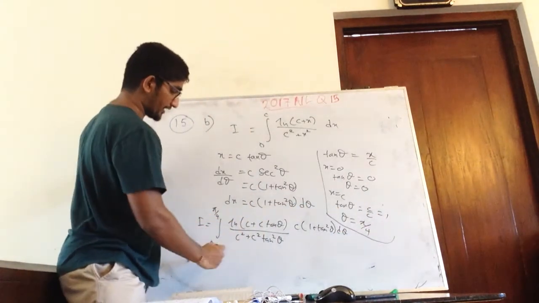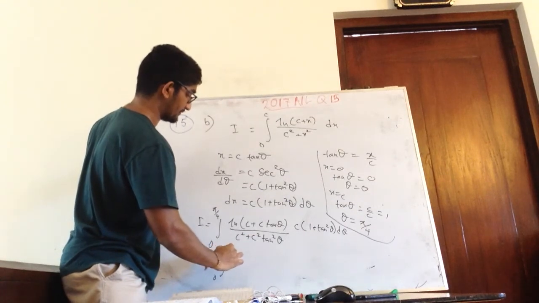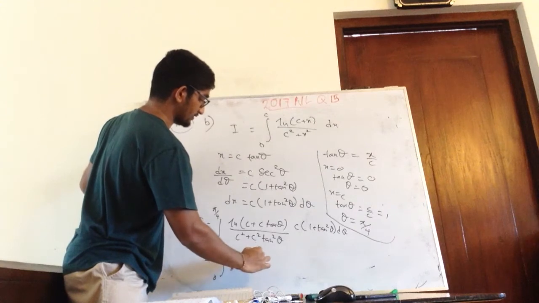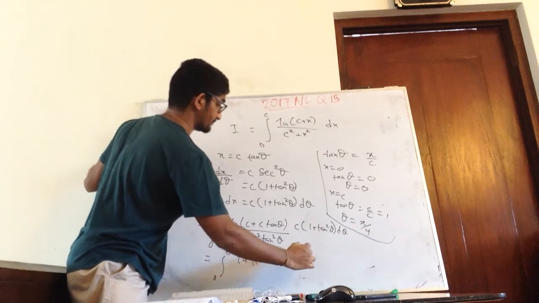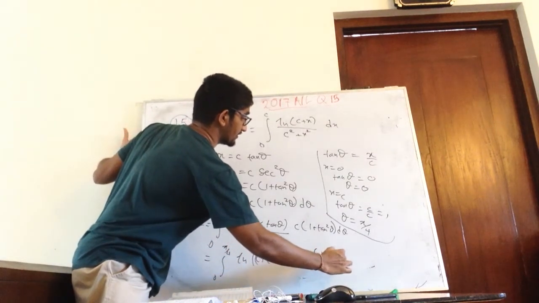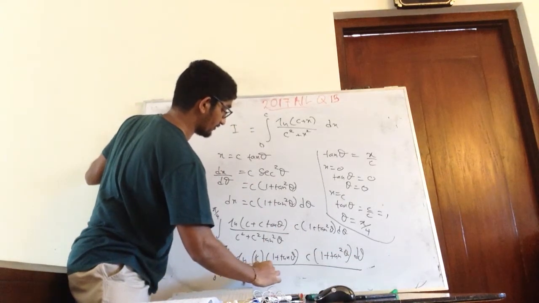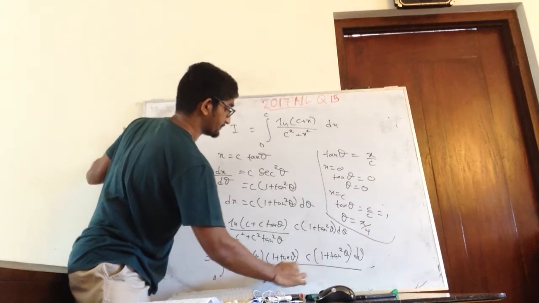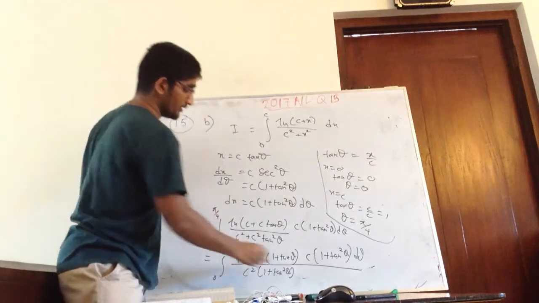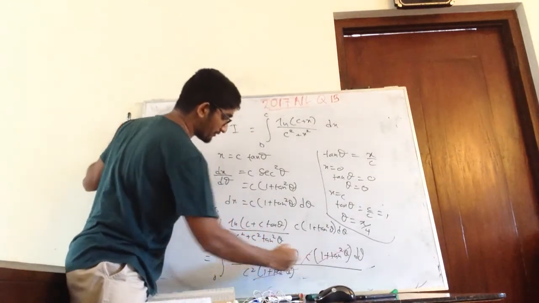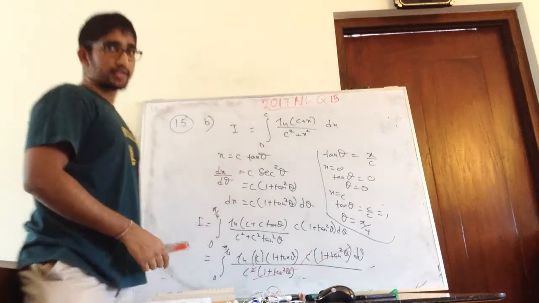So I can actually take some factors out here: ln(C times (1 plus tan theta)), C (1 plus tan square theta) d theta, over C squared times (1 plus tan square theta). So what I am going to do here is cut this off, and cut one of the C's off as well. So we get this. So write this down.